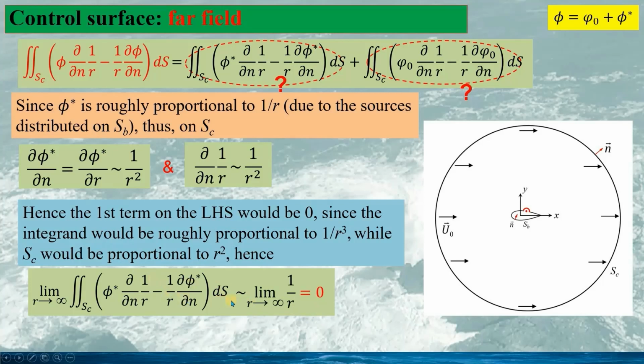Hence, this expression would be roughly given as the limit of 1 over r when r is close to infinity. It would be 0. That means the first term on the right-hand side, the integral on SC, would be 0.